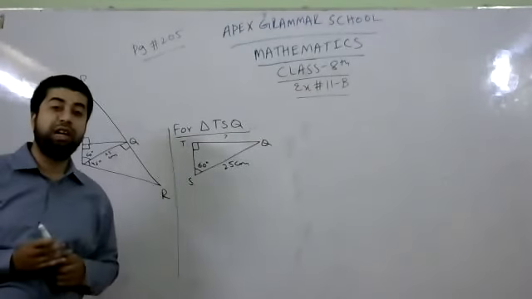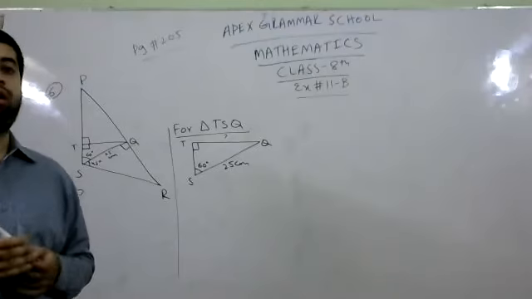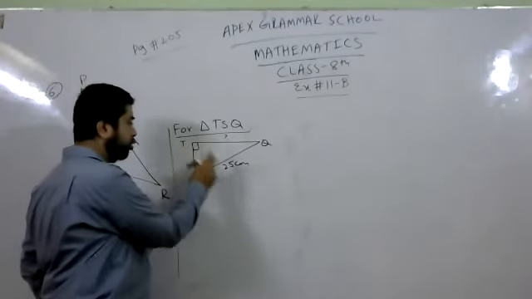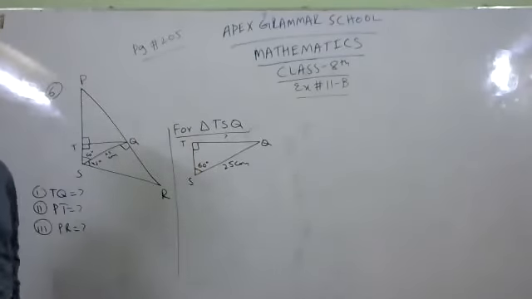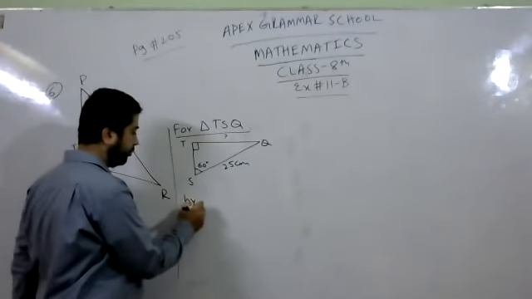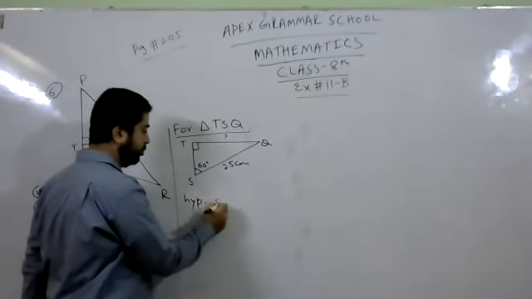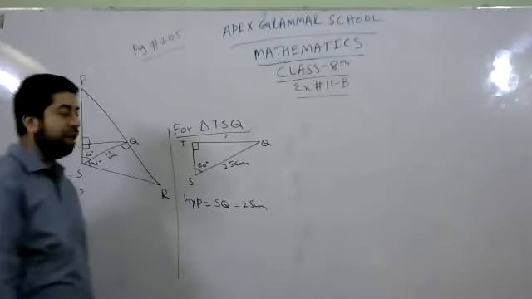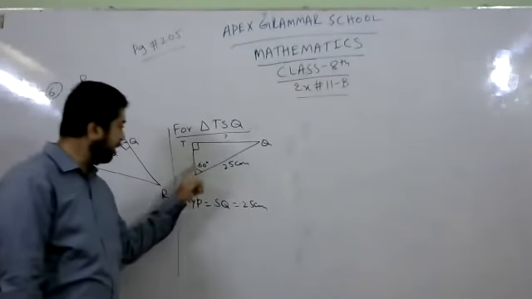But first, we need to judge what these sides are. This is 90 degree. Opposite to 90 degree, the side is hypotenuse. So hypotenuse is SQ, which is 25 centimeter. The basic angle, where is the basic angle? This.